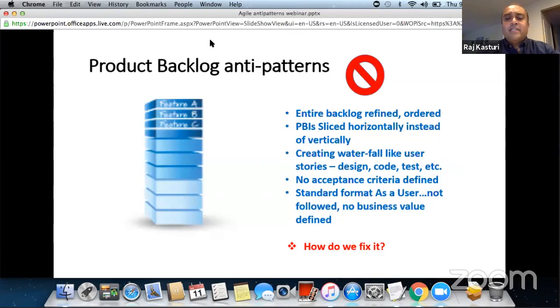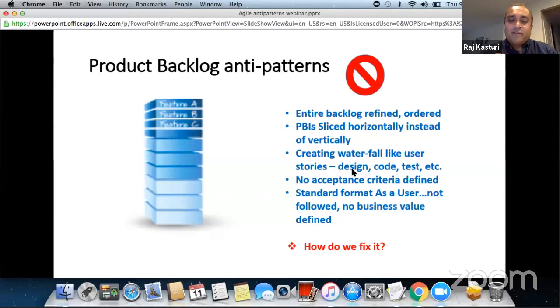Product backlog items sliced horizontally instead of vertically. What does that mean? That means we are putting in a lot of information where I just need to work only on one layer, meaning I'm going to be doing only the design of this user story, or only testing the user story. Creating waterfall-like user stories like design, code, test, etc. It's almost like eating a layered cake, right?